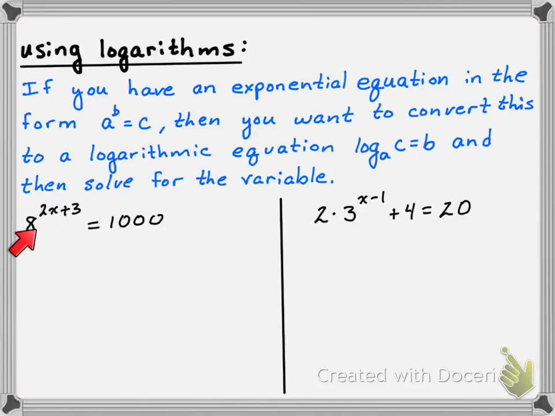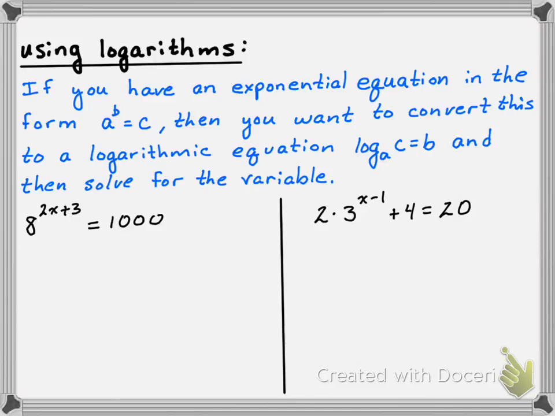And so once we have this written as an exponential equation, 8 raised to the 2x plus 3 equals the number over here, we can convert this to a logarithmic equation. And the reason we want to do that is because logarithms are inverses of exponential equations.